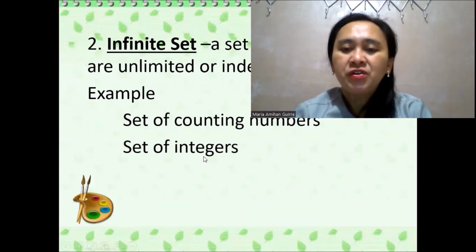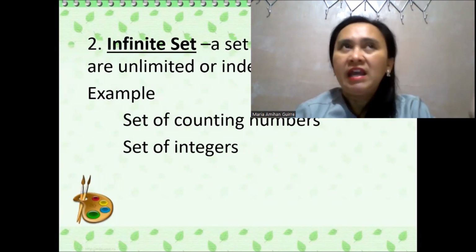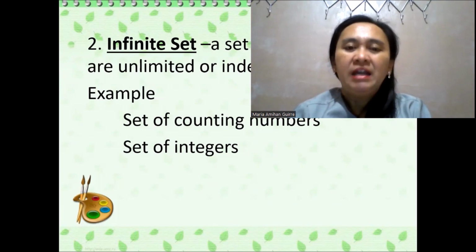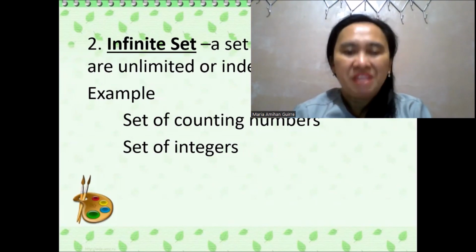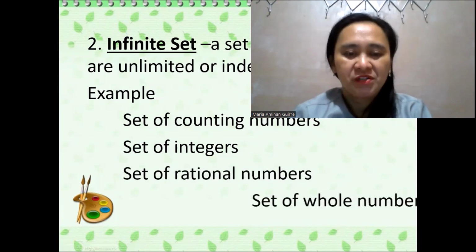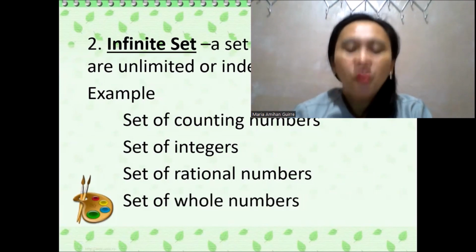The set of integers contains infinite negative numbers, 0, and infinite positive numbers. Also the set of rational numbers and the set of whole numbers. These are examples of infinite sets.